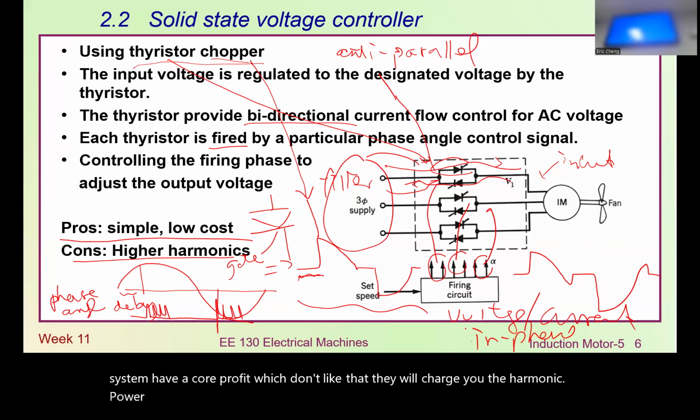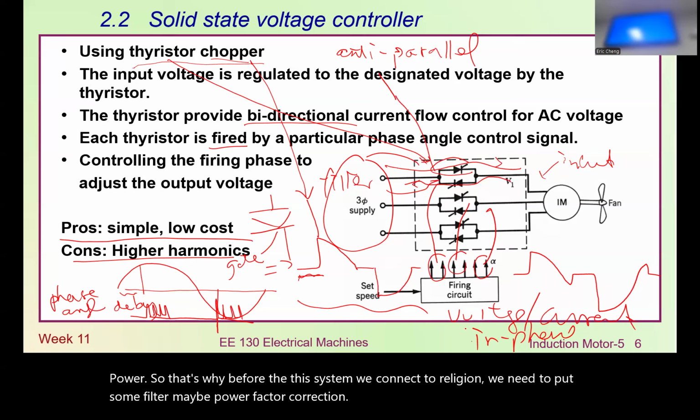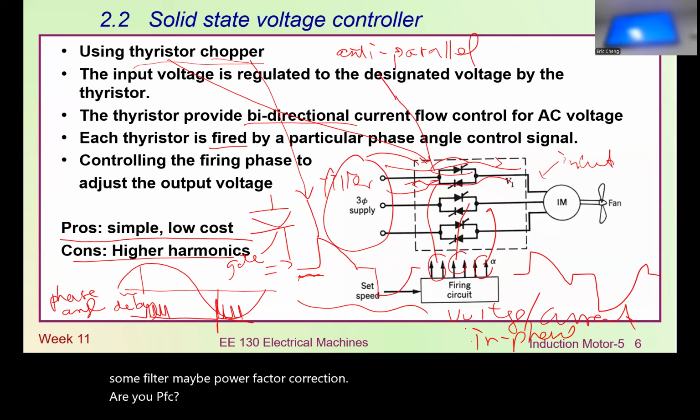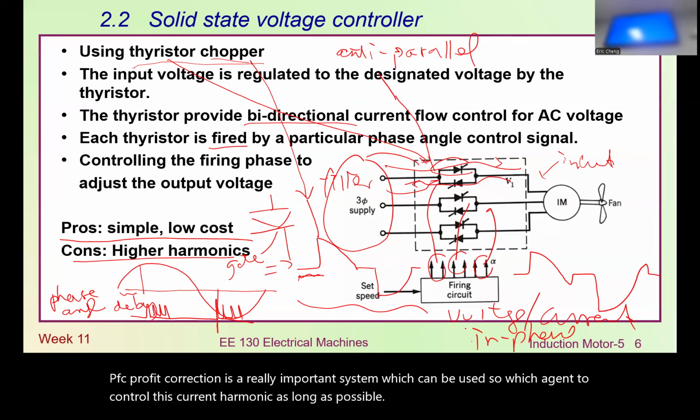That's why before this system connects to PG&E, we need to put in some filter, maybe power factor correction, or PFC. This PFC is a really important system we tend to use. It is able to control the phase angle between voltage and current, and also control harmonics as low as possible. That's all we do.